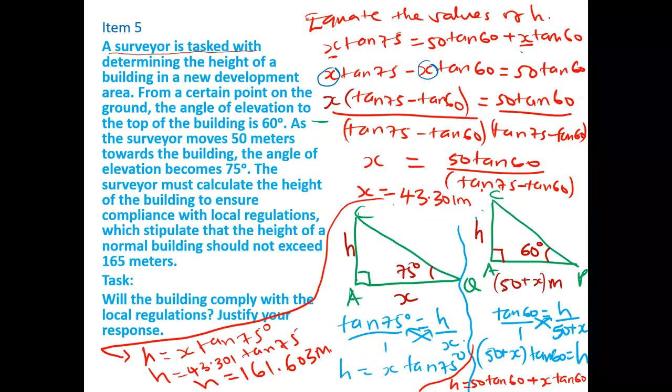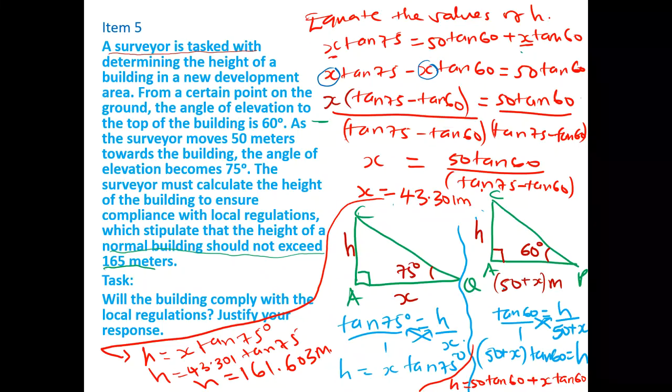And remember the question was, this is very interesting, would the building comply with the local regulations? Yes, because the height is 161.603, which does not exceed. Now, this is a very powerful statement. Make sure that before responding to the task, you first know what you are going to respond to. Here they were saying a normal building should have a height which does not exceed 168 meters.